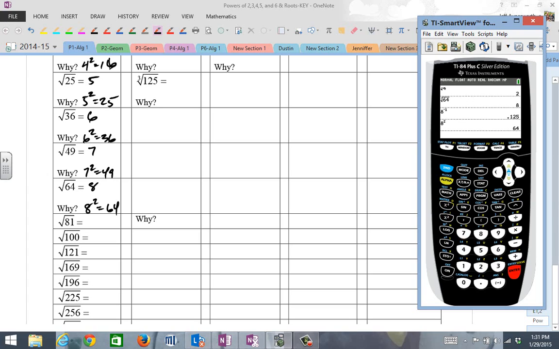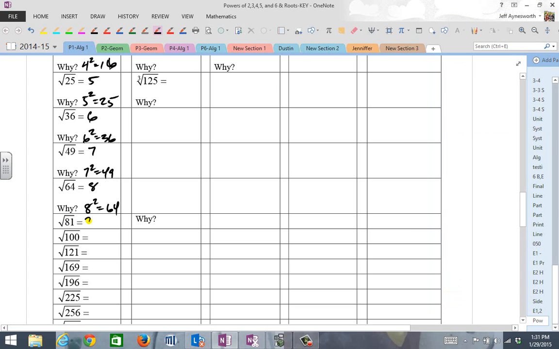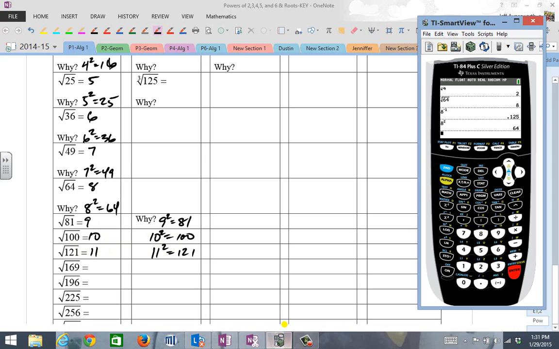So, let's continue here. Square root of 81 is 9. Why? 9 squared equals 81. Square root of 100 is 10. Why? 10 squared gives you 100. The square root of 121 is 11. Why? 11 squared equals 121. And like I said, if you don't have all these memorized like I do, use your calculator.